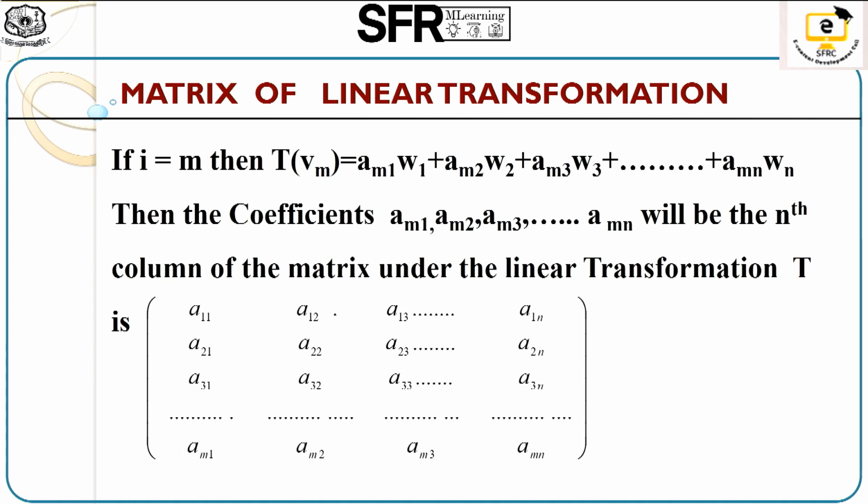Under the transformation T, for the first column we put i equal to 1 and get the coefficients a11, a12, a13, etc., a1n, and the second is a21, a22, a23, etc., a2n, up to the nth column am1, am2, am3, etc., amn. This is the matrix we get under a linear transformation.